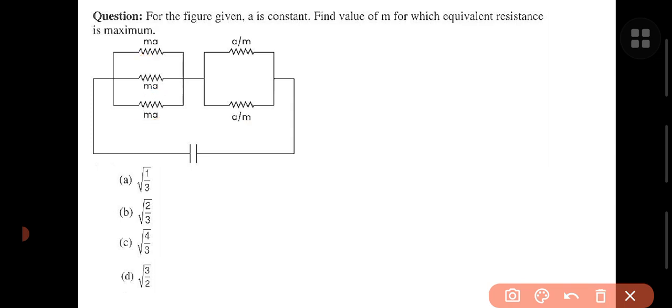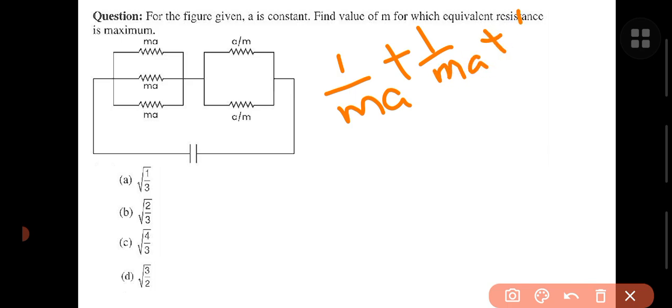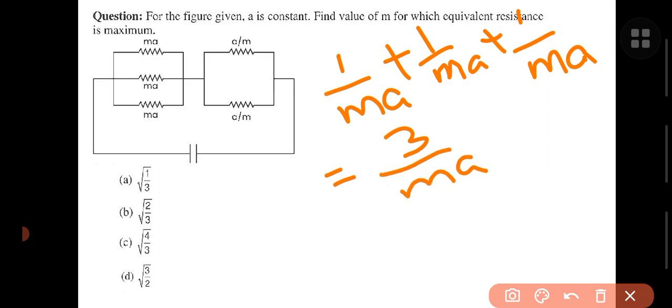First of all, we need to simplify this. Three resistors of MA connected in parallel: 1 by MA plus 1 by MA plus 1 by MA, and the equivalent will be MA by 3. Similarly, the two resistors of A by M connected in parallel give an equivalent resistance A by 2M.